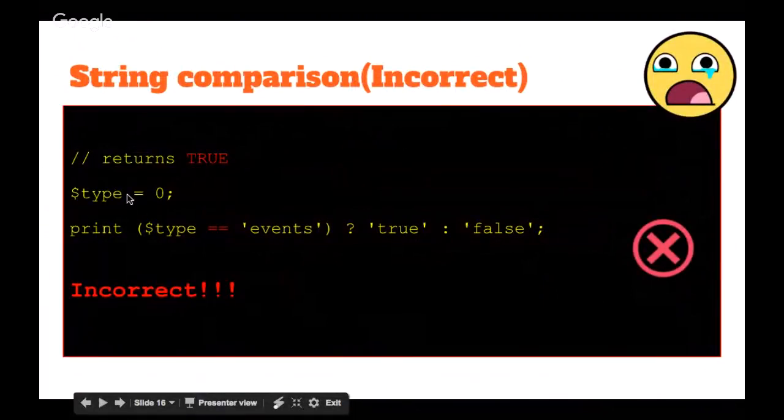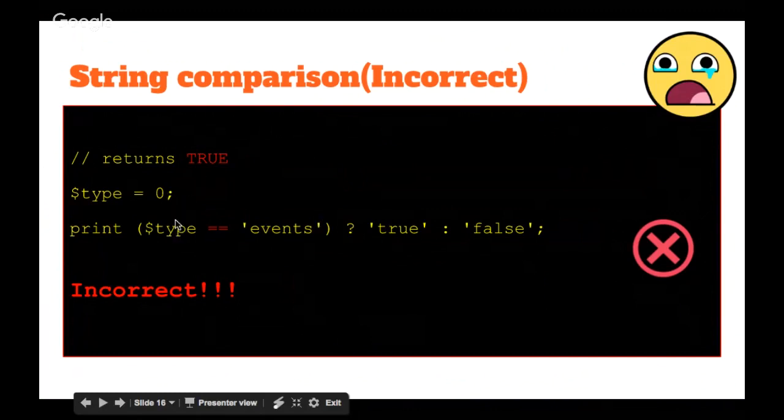We declare a variable right here, and we have already assigned a value of 0. And we try to print, for example, type equals events, and this returns true.